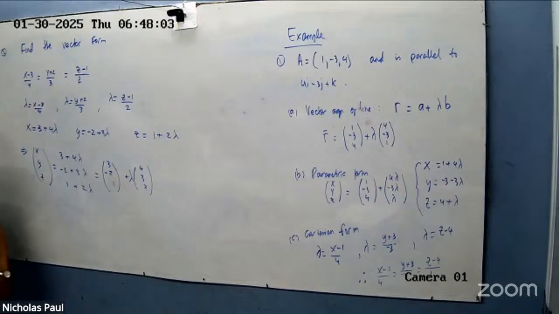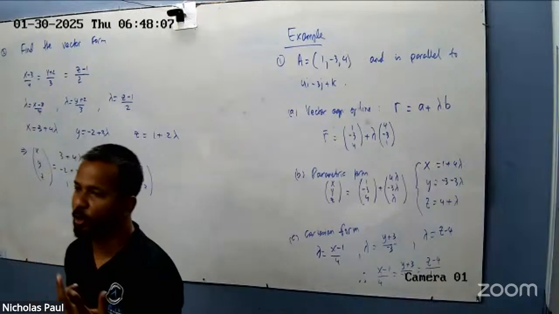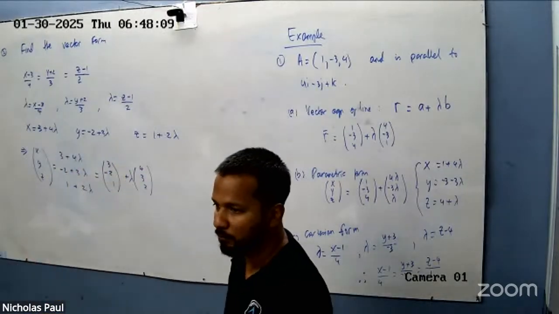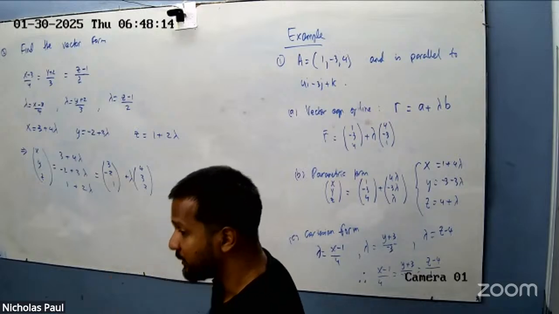Suppose I gave you two vector equations of a line. How will you know if those two lines are parallel? Suppose I gave you two lines.